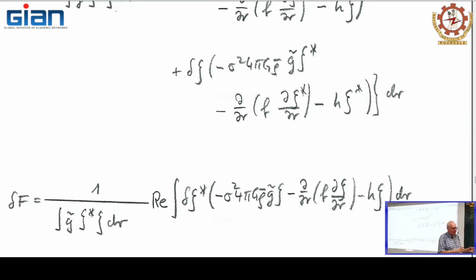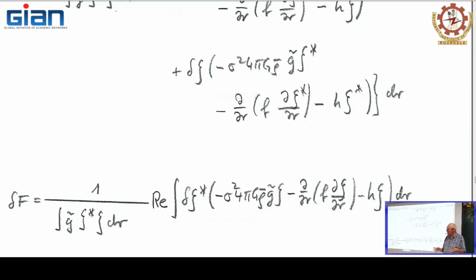So the vanishing of the variation is equivalent to the differential equation for linear adiabatic radial perturbations. Because this variation is arbitrary, the vanishing of the integral and delta f is equivalent to the vanishing of the bracketed terms, which means the linear adiabatic wave equation.